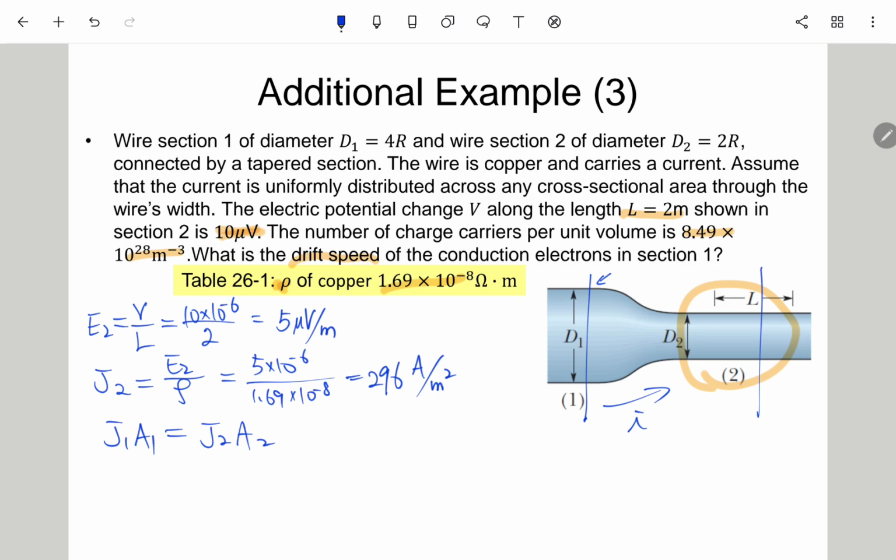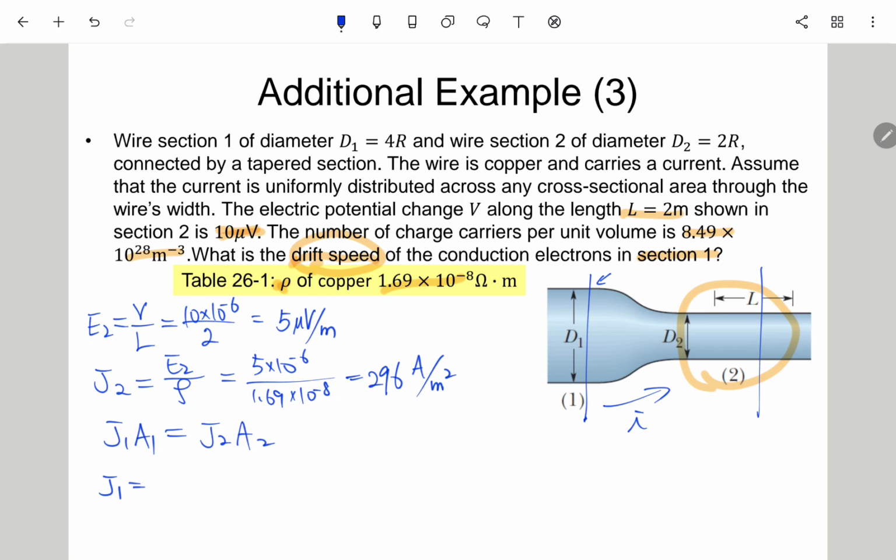These two should be the same, and thus we can calculate J1. Finally we would like to find the drift speed in section 1. The formula for drift speed is J equals n e times v_d, so we will be able to find the drift speed with that formula. That's why we would like to calculate J1.